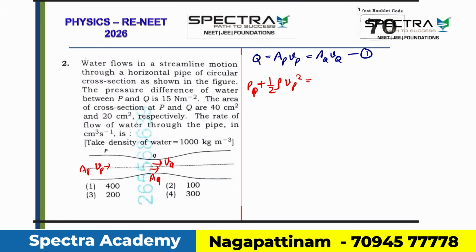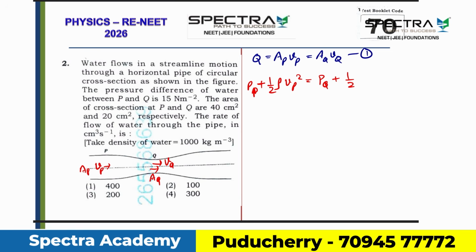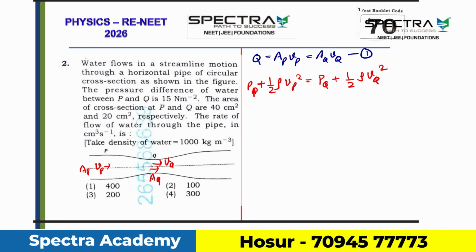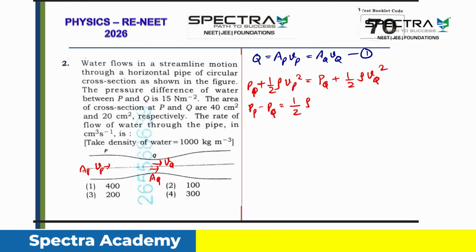That's why I am not writing that term here. Is equal to pressure at Q plus half rho into VQ square.